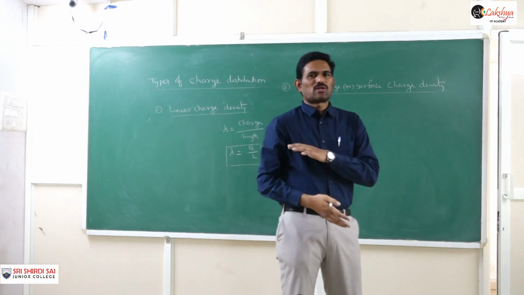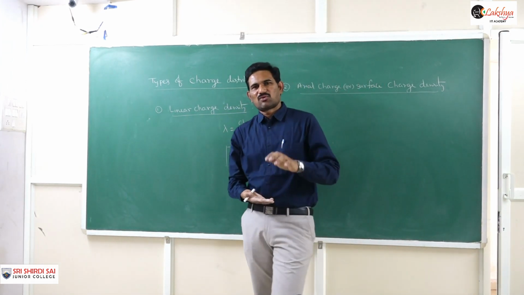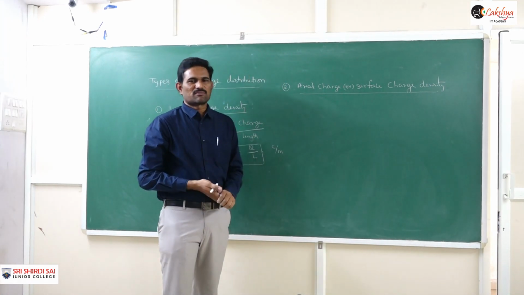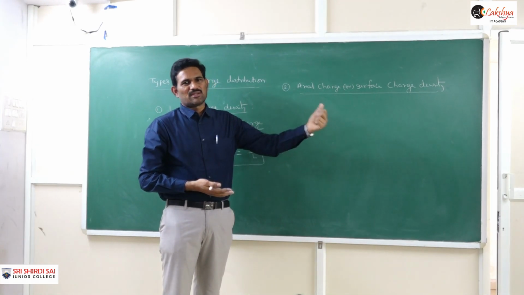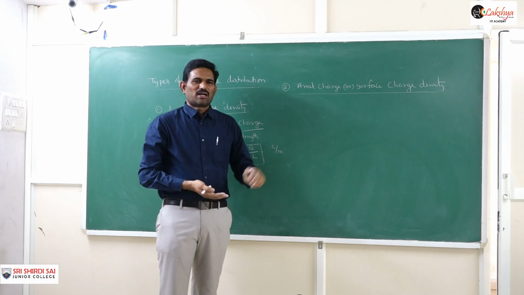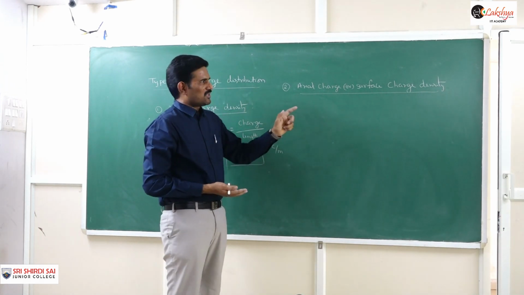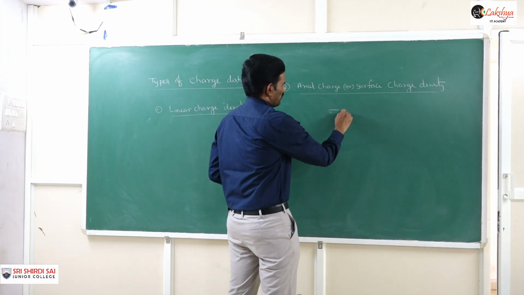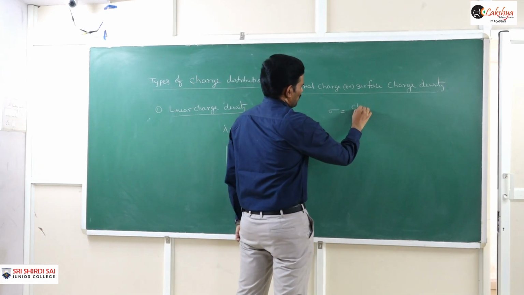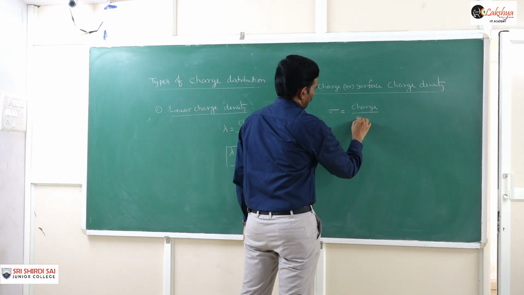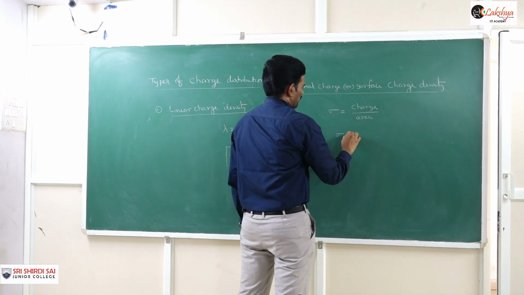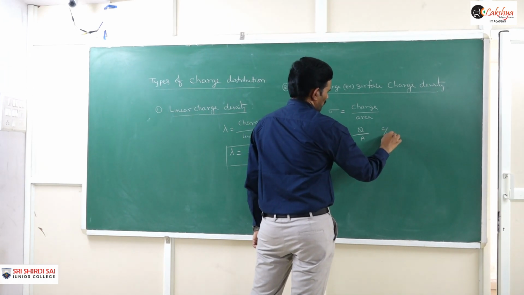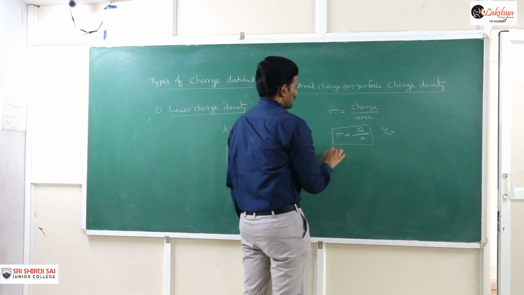When the charge is distributed on a plane surface, like a disc, or on a metal plate like a square or rectangular plate, such a distribution is called areal charge distribution or surface charge distribution. Correspondingly we define the density, which we call surface charge density, represented with sigma, and defined as charge per unit area. Therefore you can write this as Q by A, and the unit is Coulomb per meter square.